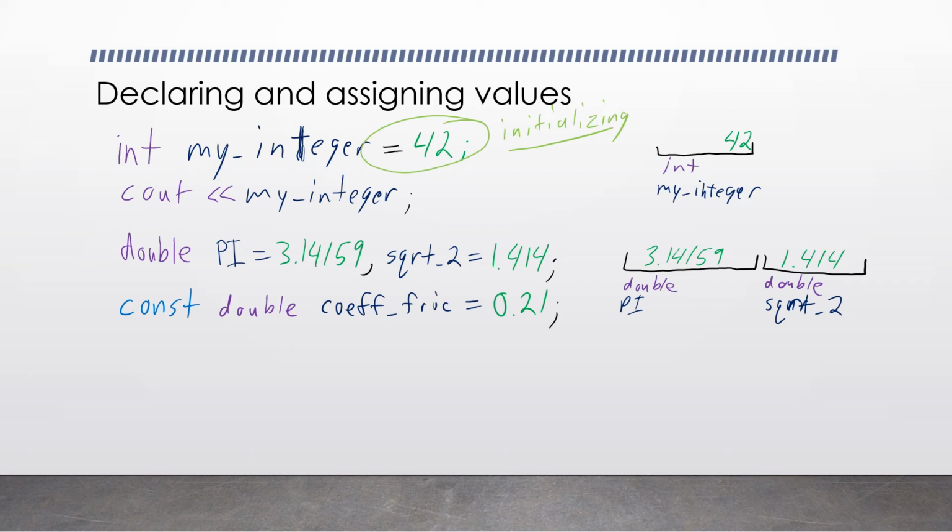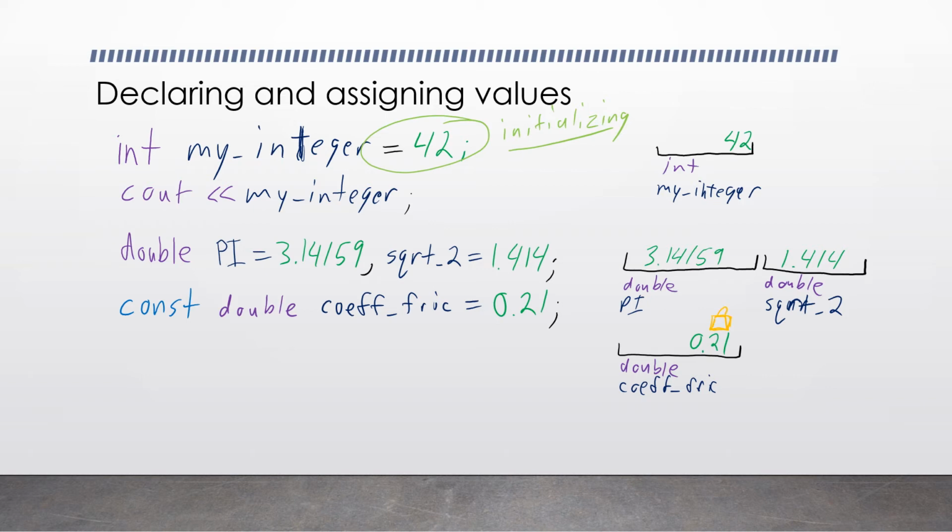What this is doing is it's creating a memory box of type double, name coefficient of friction, and it's assigning it the value 0.21, but then it's putting a lock on that value.